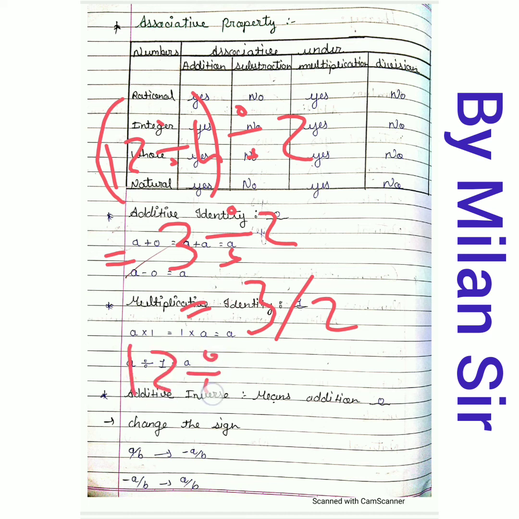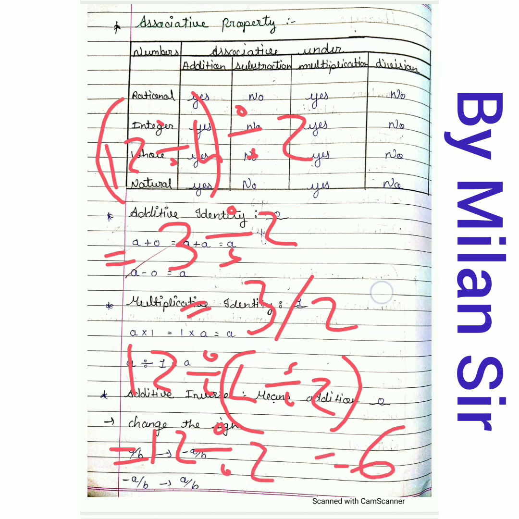Again 12, 4 and 2. First of all, solve the bracket. 4 by 2 is 2, and 12 by 2 is 6. Here we get 3/2, but here we get 6. So this is not the same, right? So this is the reason that the division process is not associative.